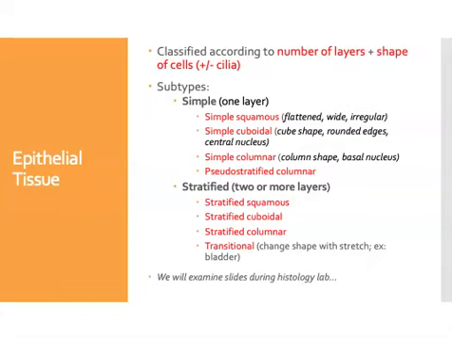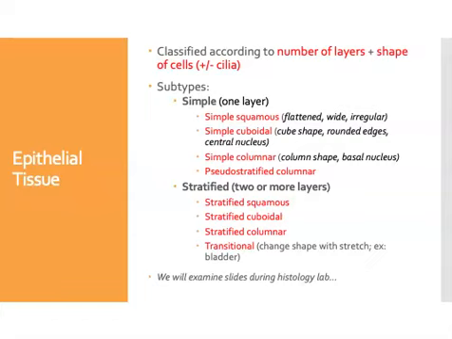So now that we've talked about how epithelial tissue is structured and what its functions are, let's take a minute and start thinking about how we classify it. One of the things you're going to notice in anatomy and physiology is that everything we talk about falls into categories and groups.